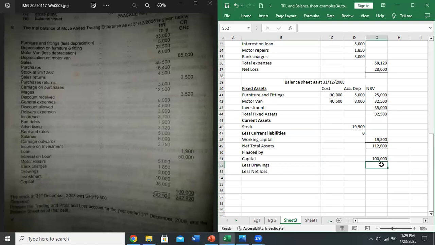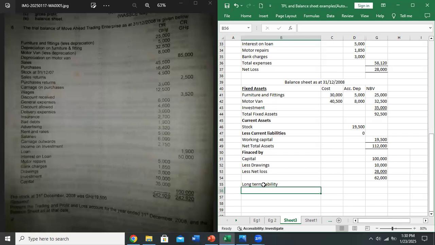So drawings is 10,000. The net loss as we had was 28,000. So let's adjust that figure. We'll come to a net capital of 62,000, right? Then we add the long-term liability, which is the bank loan.